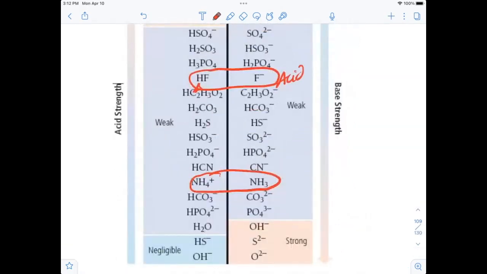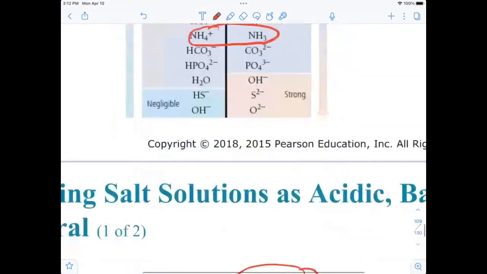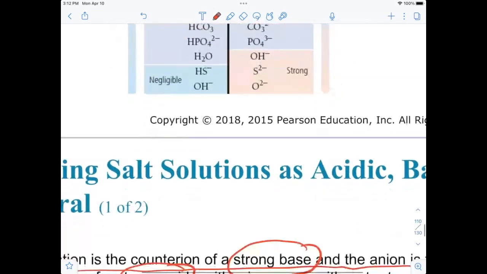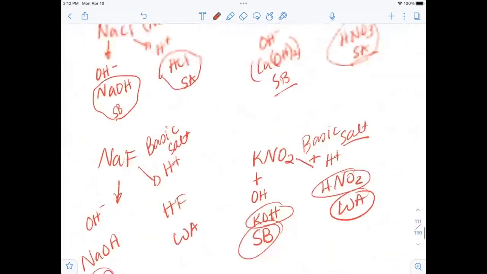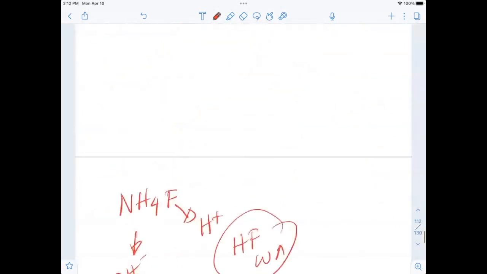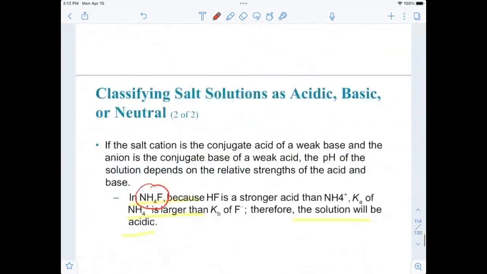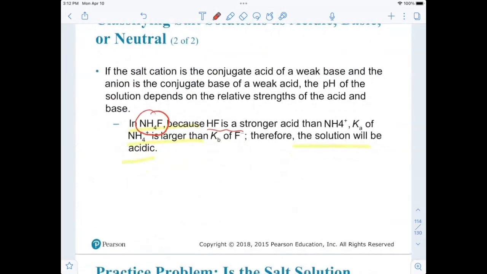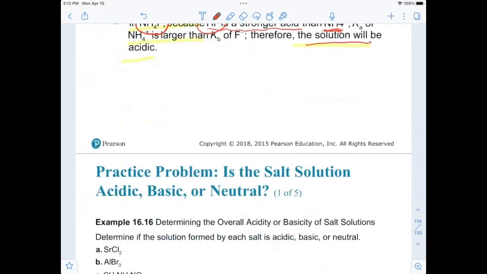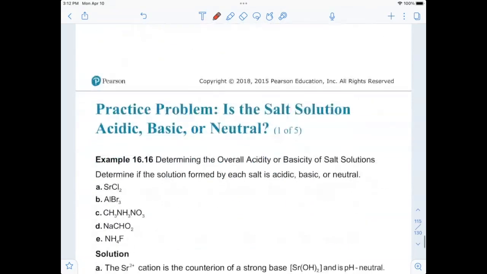Because the acid portion is relatively stronger. So you'll use that table and it tells you which is stronger. So this is a relatively stronger acid compared to the acid component of the NH3, which is NH4+, right? So the salt will be acidic. Okay.